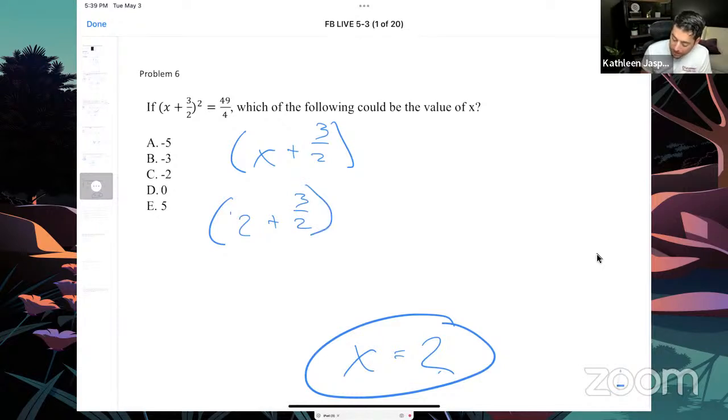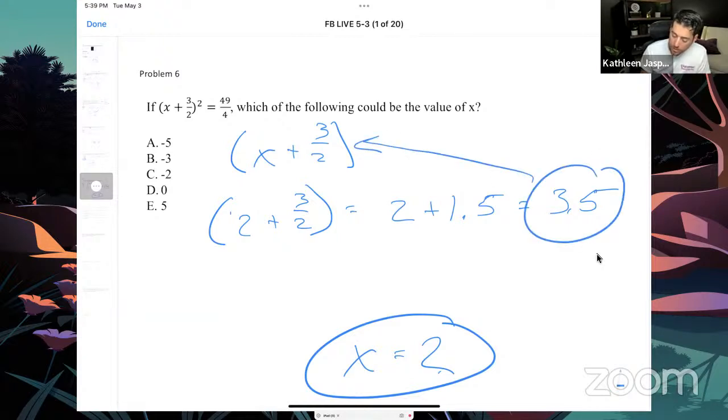To make it easier, let's call 3 over 2 1.5, right? If you do 3 over 2 in your calculator, you're going to get 1.5. And 2 plus 1.5 is going to give me 3.5. So this value has to equal 3.5 or negative 3.5. Okay. So that's what we're going with here, because that's how it has to be.